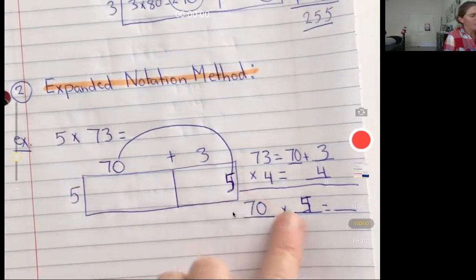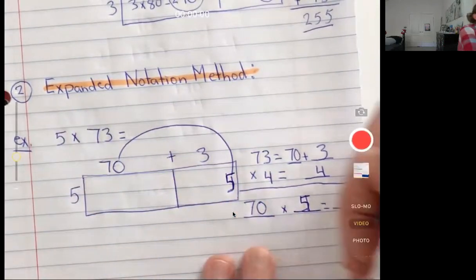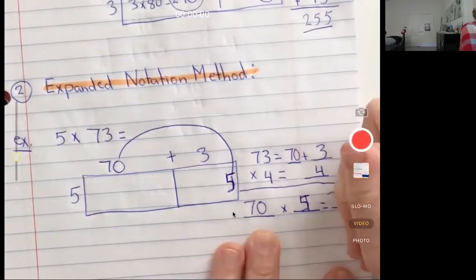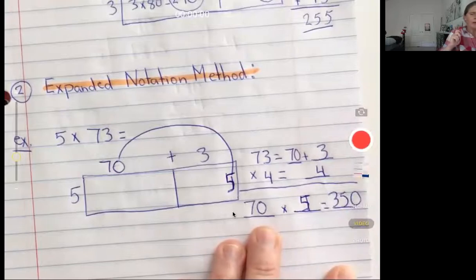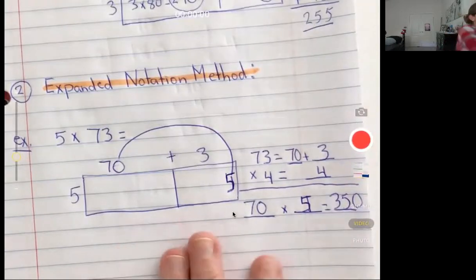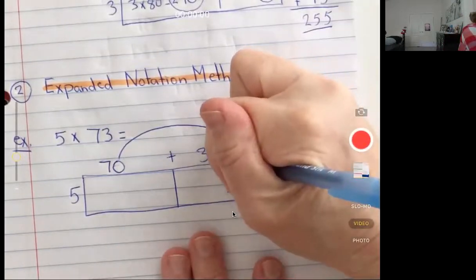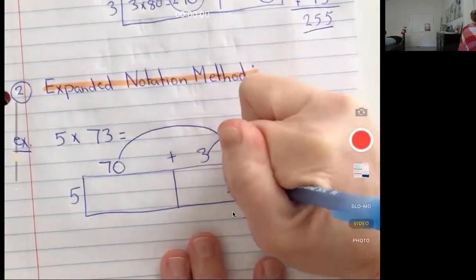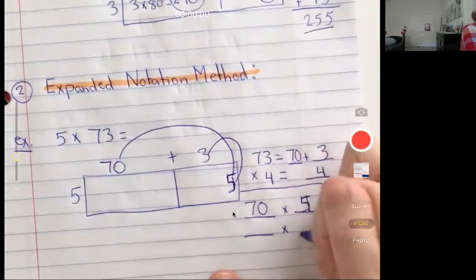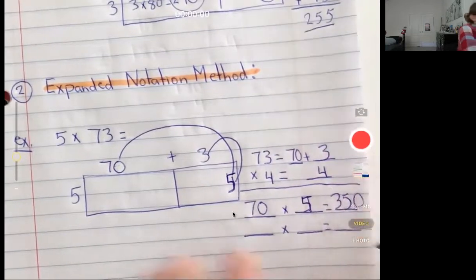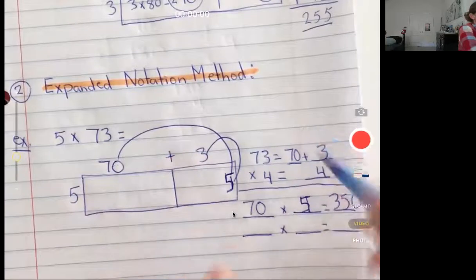We're really showing it over here, okay? I know 7 and 5 is 35, and I'll add my 0, making it 350. Same thing. Now I'm going to do my ones. So I'm going to draw another little loop-the-loop, and I'm going to make another multiplication. This time taking the 3 times the 5.